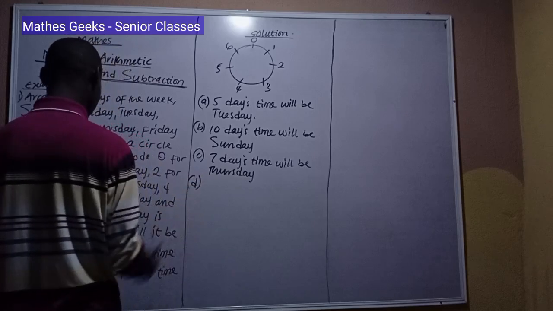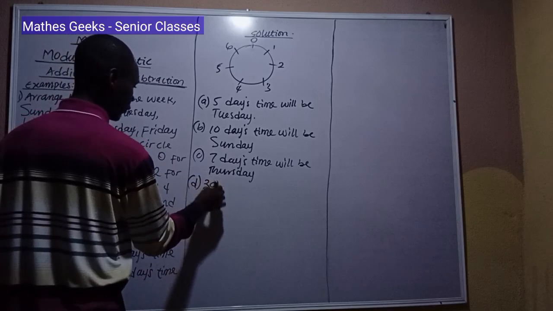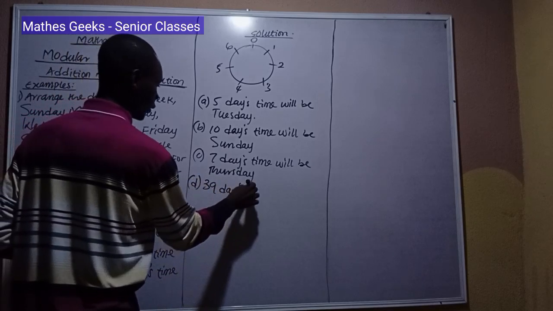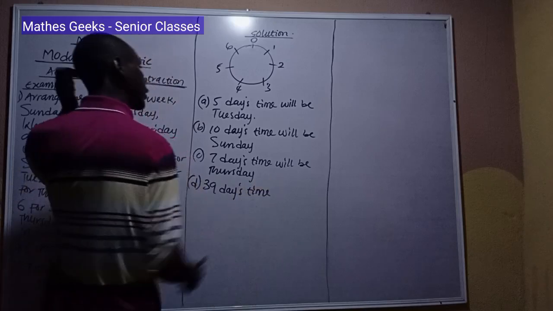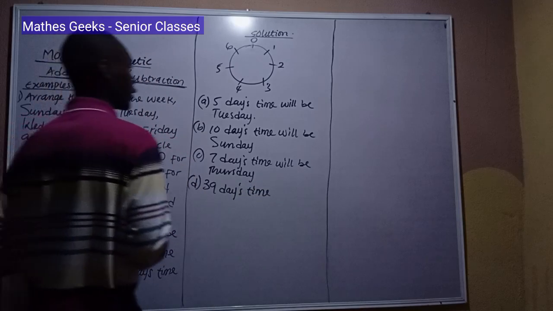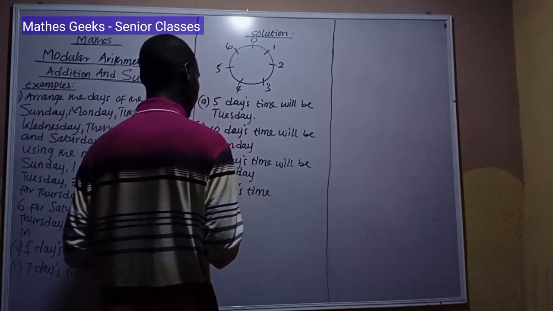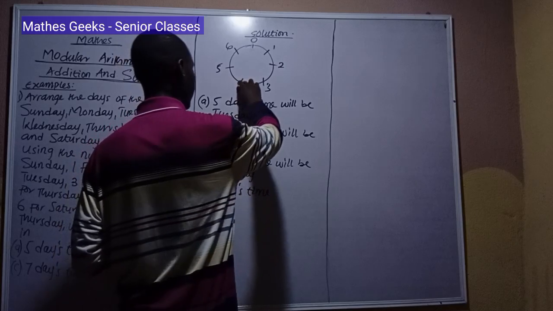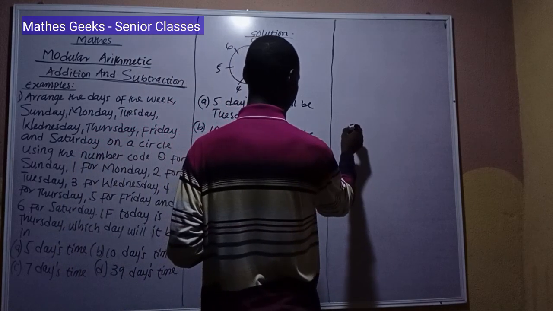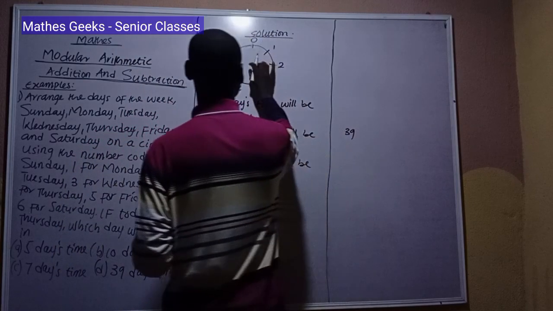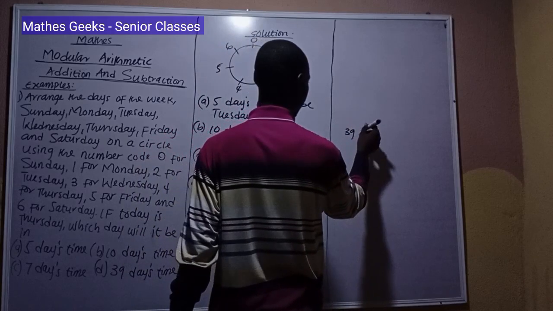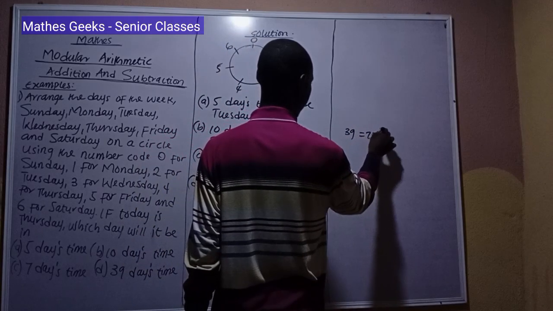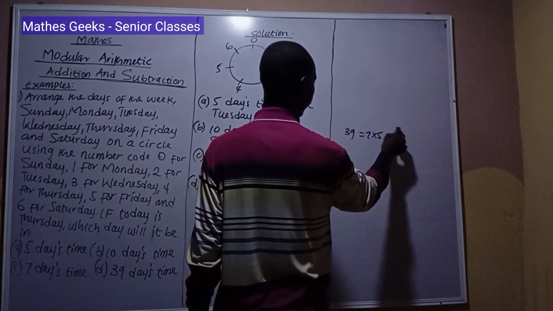And D, 39 days time. Since our counting is in 7, because 7 days make a week, this is in mod 7. 39 is 7 times 5, which is 35, plus 4.